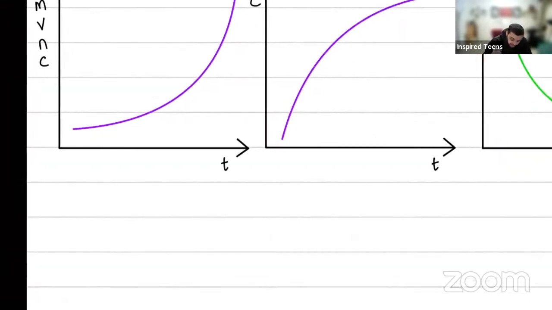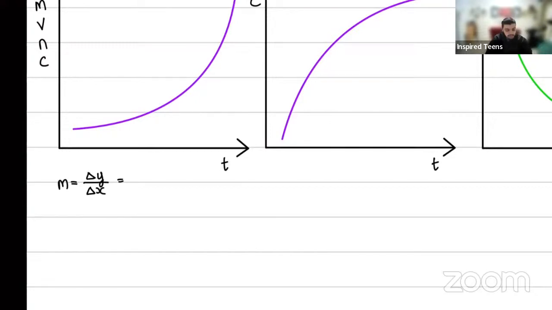Now let's talk about the gradient. I don't know if you remember or if I even told you, but in physics and chemistry, whenever you're working with gradient, we can use y2 minus y1 over x2 minus x1. That is true. We will use it to calculate the actual gradient. But to determine what variable the gradient gives us, we can always say the change in y-axis over the change in x-axis.